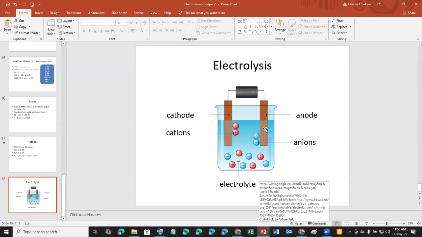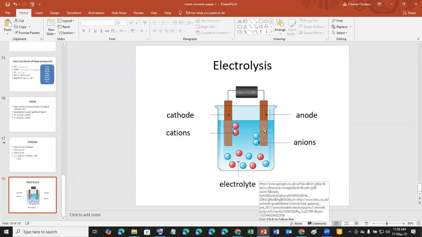While what will be happening to the anode side? In the anode side, chloride ions will be leaving the solution and getting attracted to the positive electrode, which is the anode. And what are they doing exactly? They already have extra electrons. They will be giving off those extra electrons that they have.